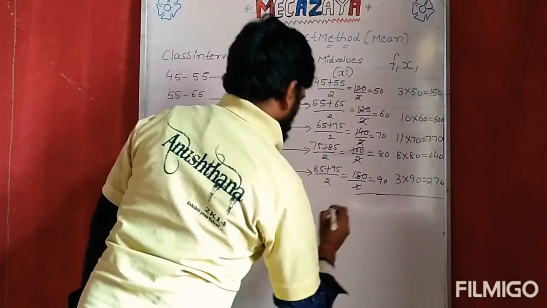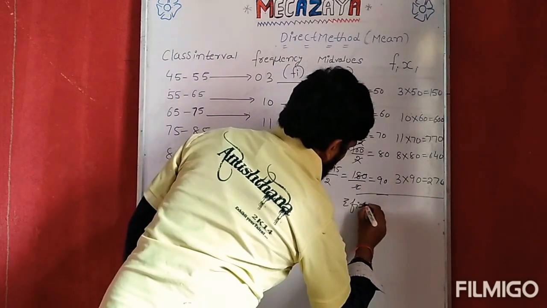This is called sigma fi xi. Sigma means you need to add everything.